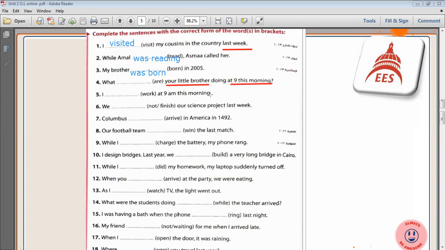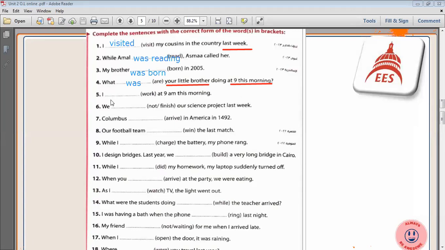What are? No. Is it what? Where? No, because your little brother, we can remove it and put the pronoun he. So what was he? What was he doing at 9 this morning?